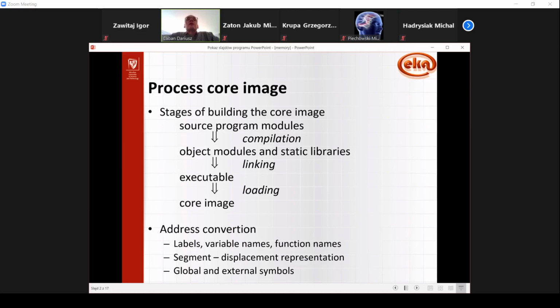So you first of all access the first module, look inside it, you get a global symbols table and external references table. You look at the global symbols. Is in this module any symbol that you are missing in your partially linked code?